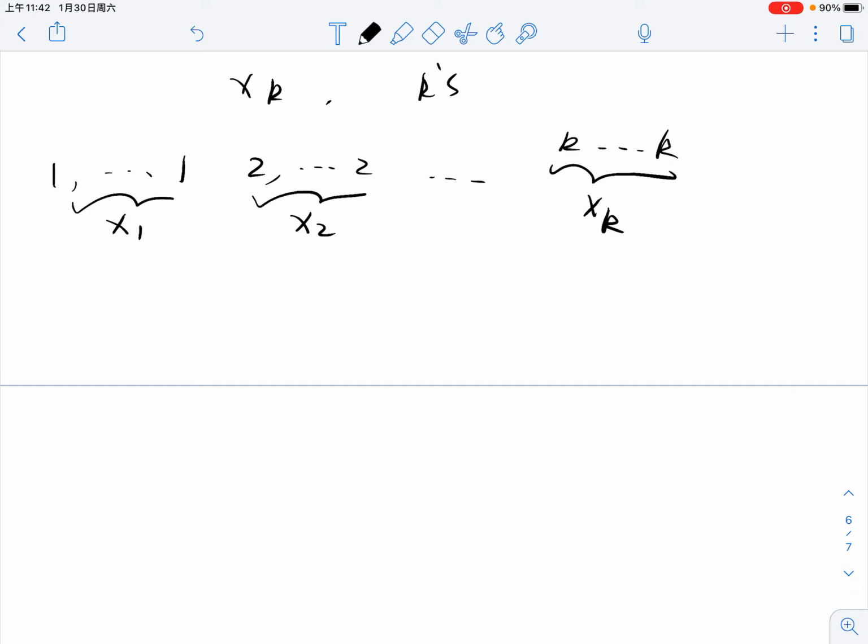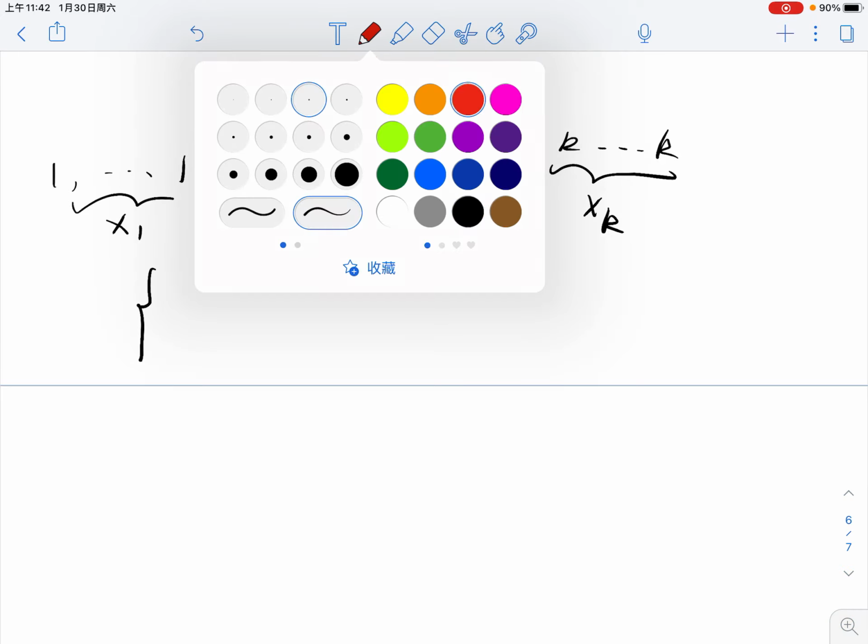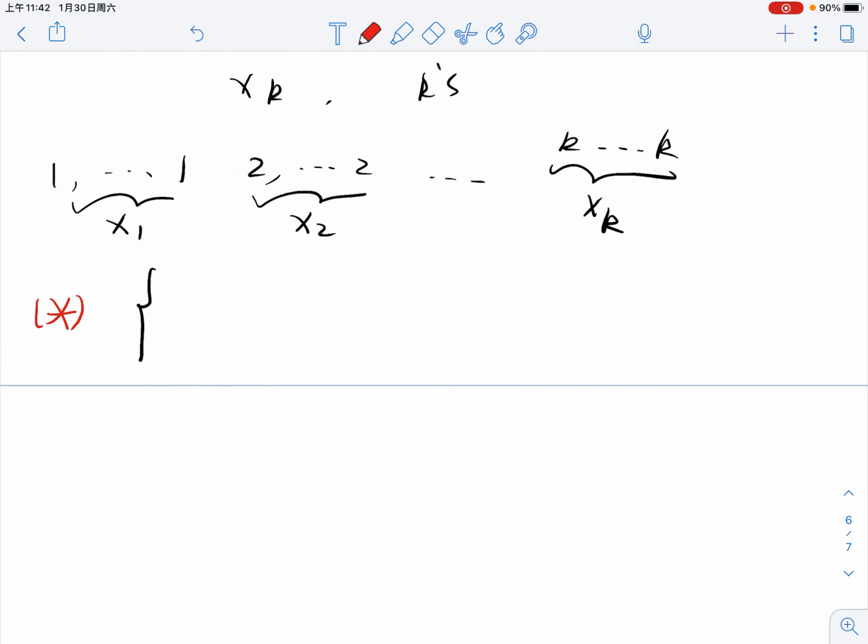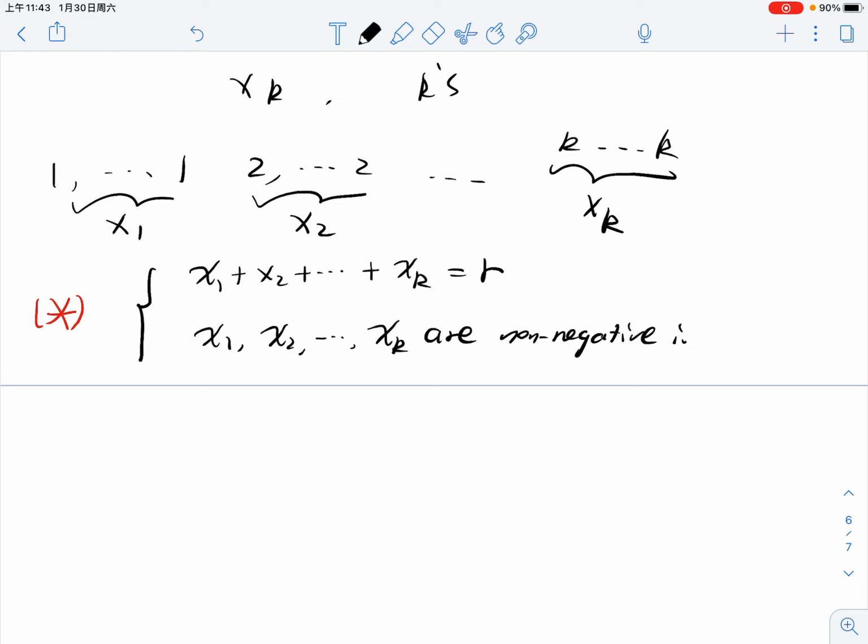And the problem for an r-combination of S is the same as the following one: the summation of x1 to xk is r, and x1, x2, xk are non-negative integers.